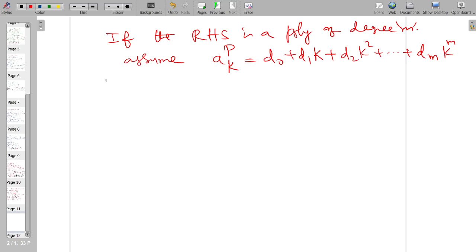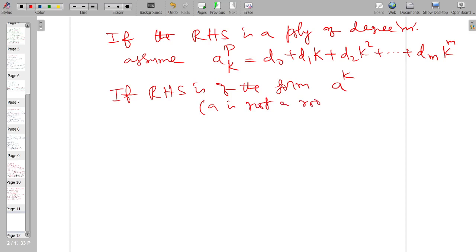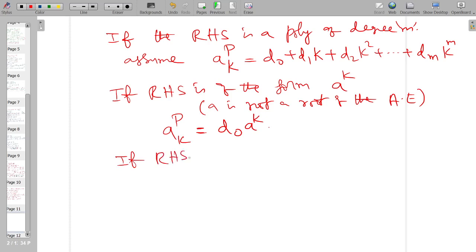And if the RHS is of the form a power k, where a is not a root of the auxiliary equation, then a k p would be d naught a power k.